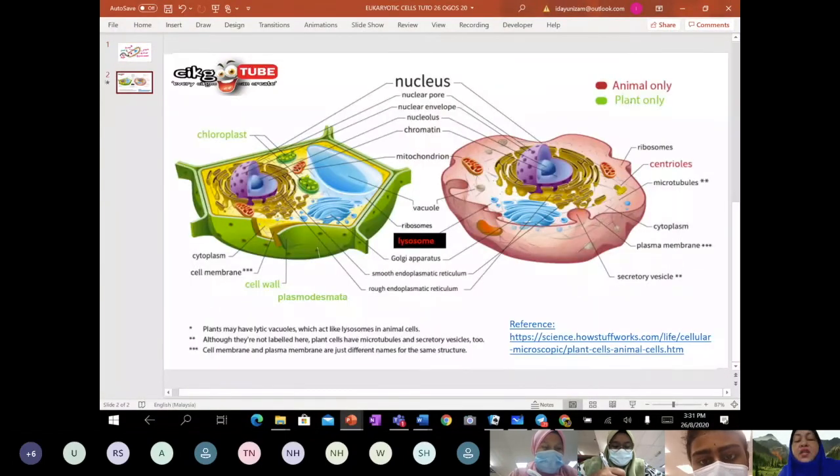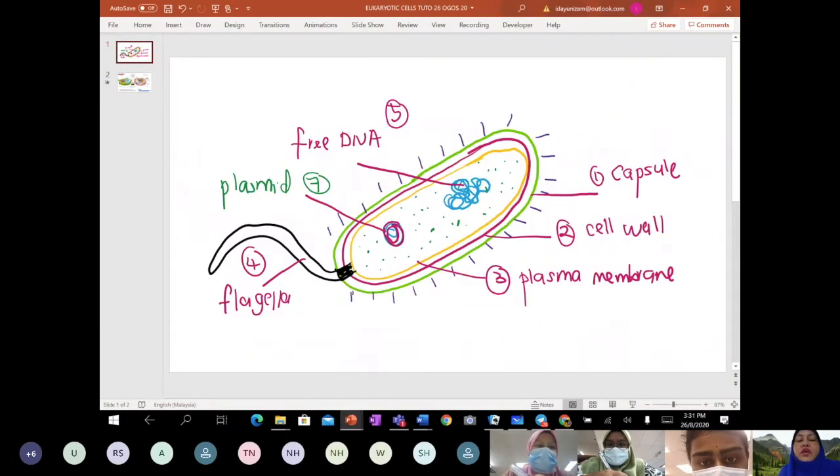If you see the eukaryote, what are the organelles present in plant cell and animal cell? They are also present in prokaryote. This is ribosome. So the prokaryote also has the structure that teacher labeled number 8, a ribosome.